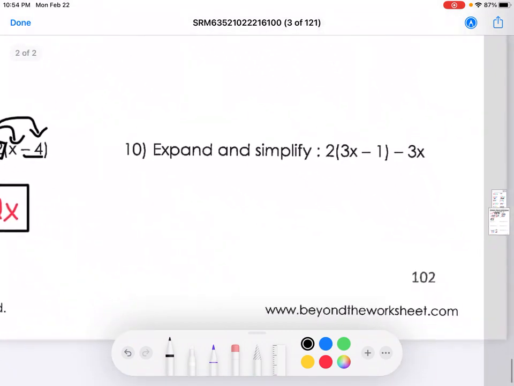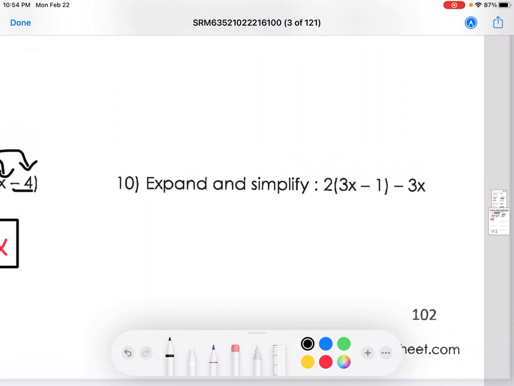Okay, and last one. 2 times 3x minus 1 minus 3x. So 2 times 3x would be 6x. 2 times negative 1 would be negative 2. Then I have minus 3x. So combine my like terms.